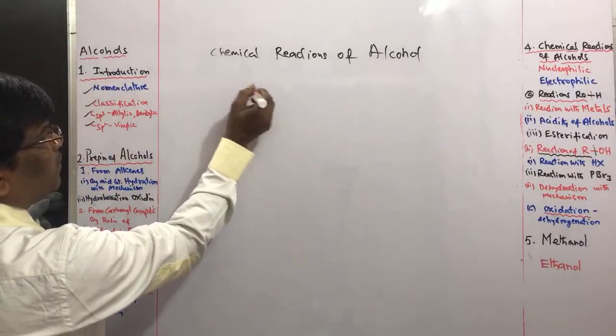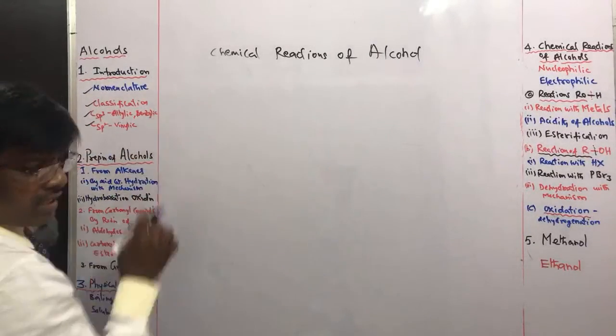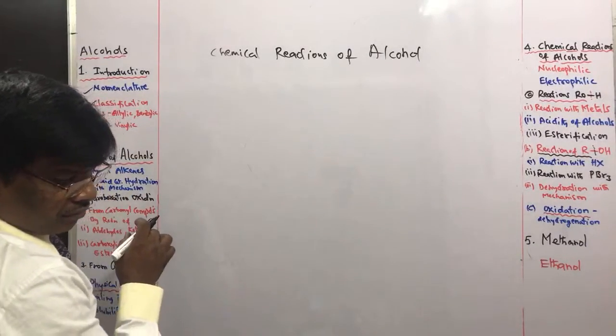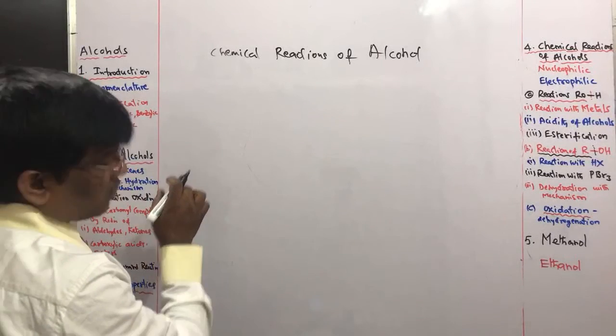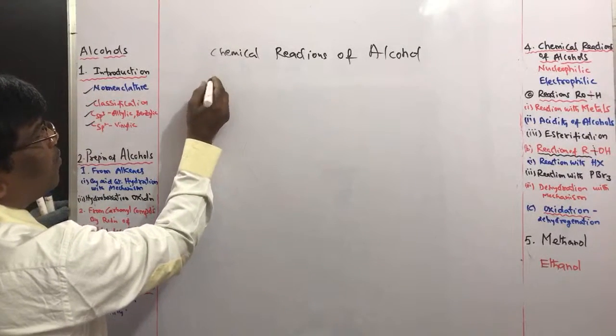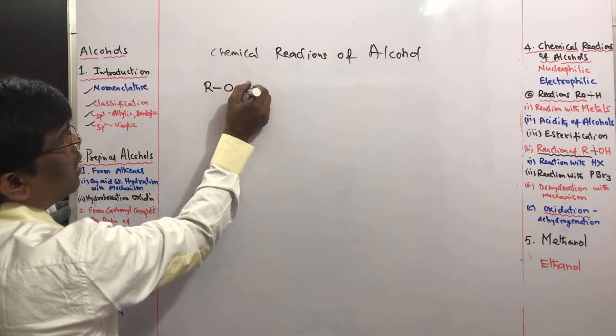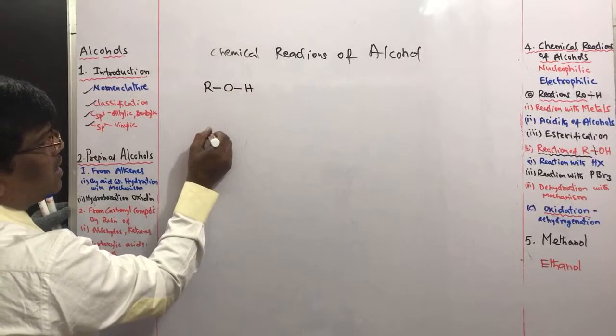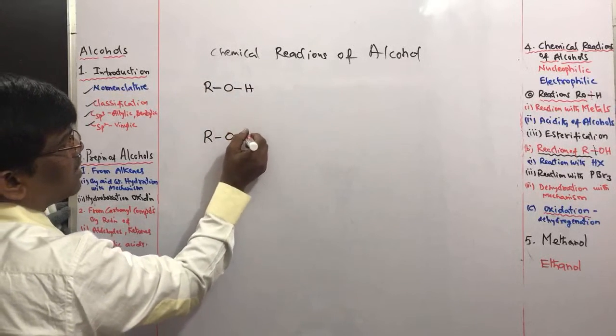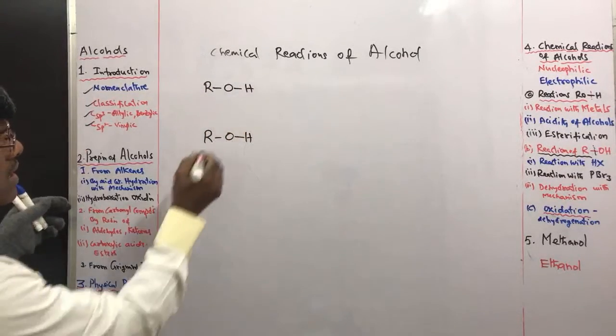So the cleavage of the bond between carbon and oxygen gives electrophile, and the other case is the bond between oxygen and hydrogen in alcohol. Let me write in detail first. So this is alcohol.